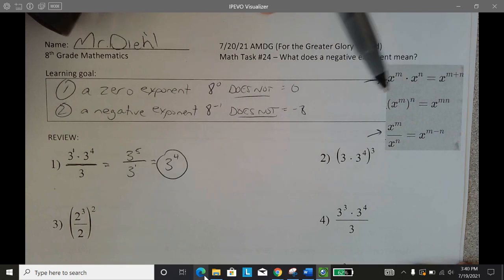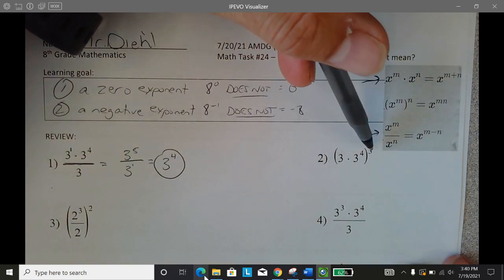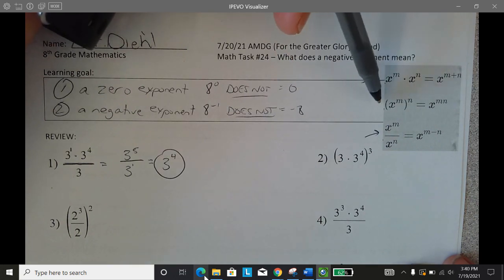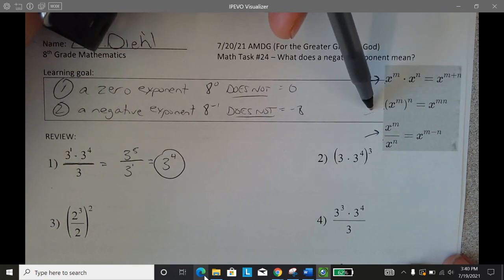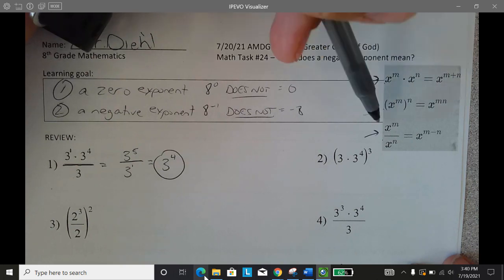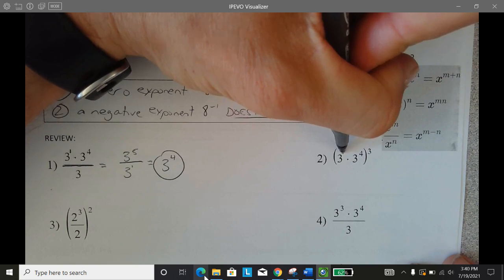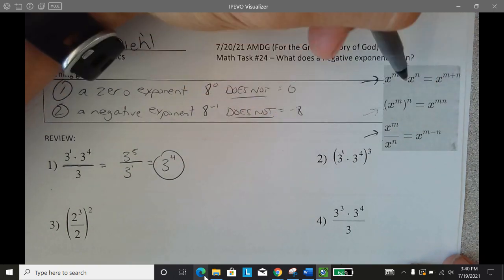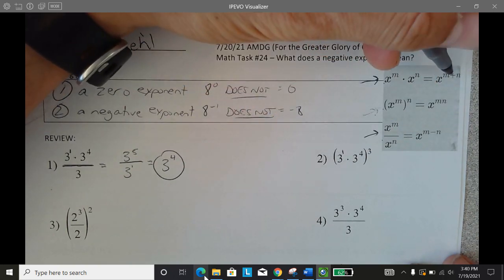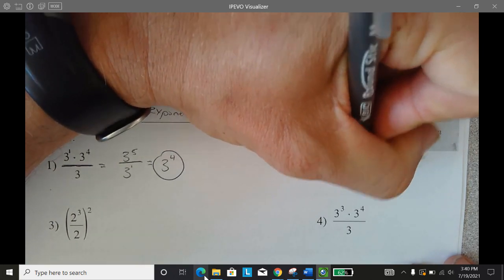Now I'm going to do this one. All right, now it looks like I have multiplication and a power to a power. So I'm going to need this rule, and also the multiplication rule. Well, parentheses always come first. This is really 3 to the 1st times 3 to the 4th. Since the bases are the same, I'm going to add the exponents. 3 to the 1st times 3 to the 4th is 3 to the 5th.